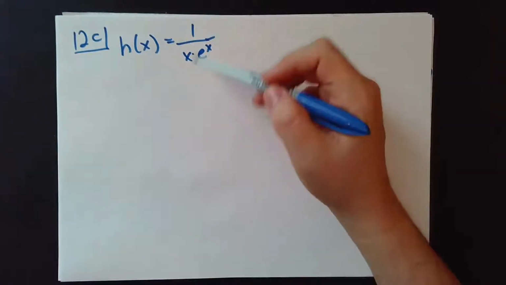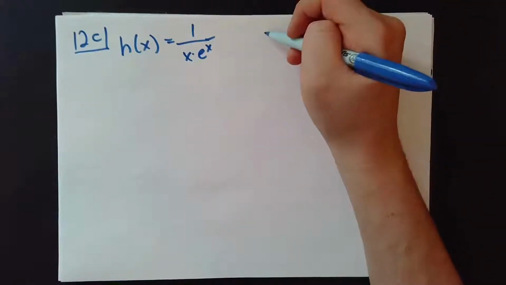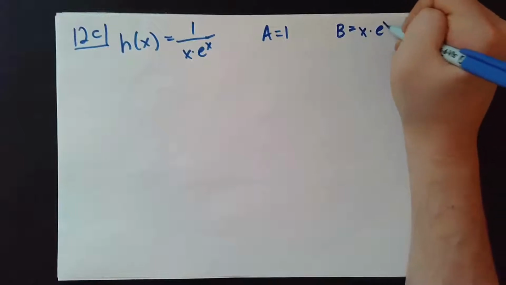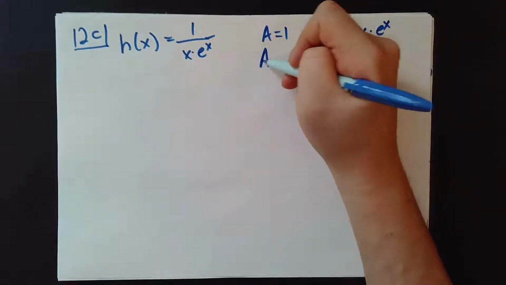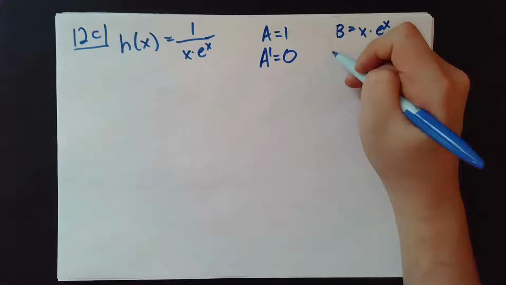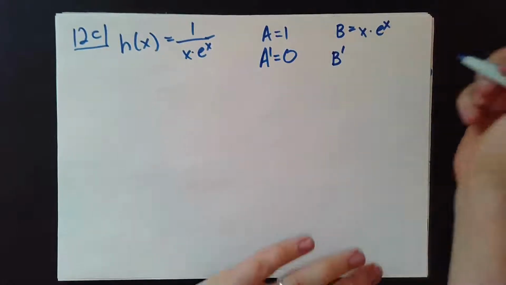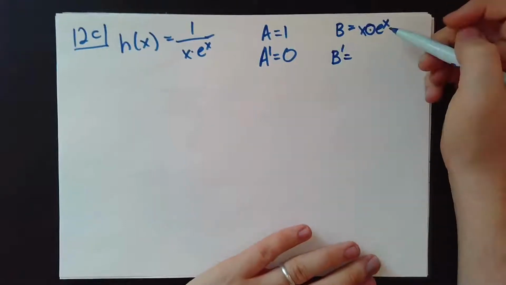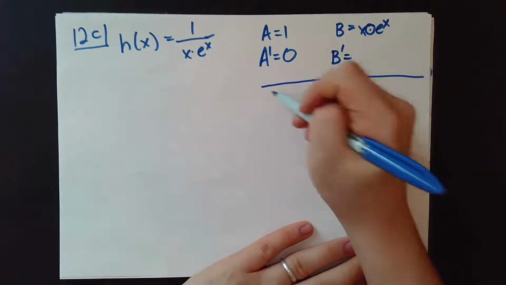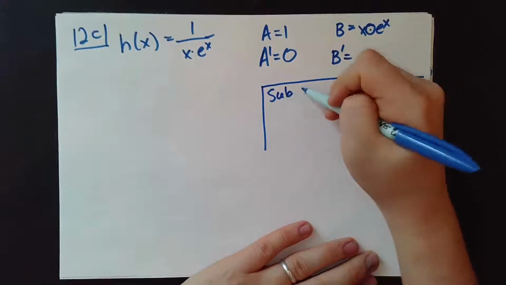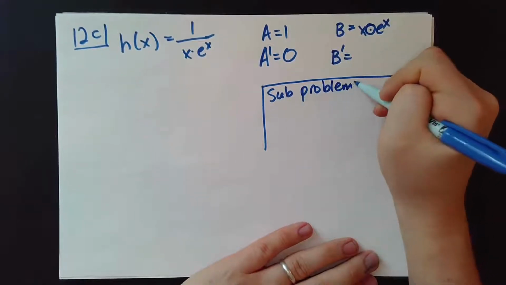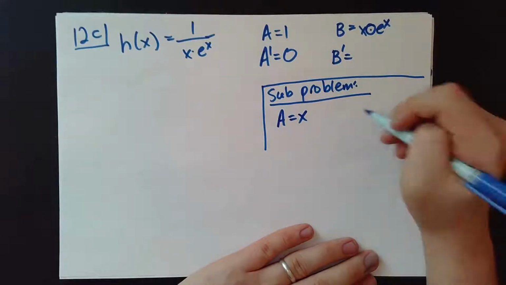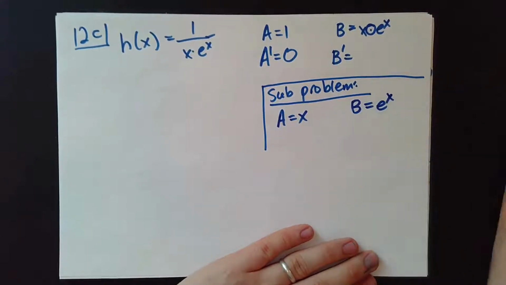And there's 2 sorts of ways. One is the just do it way, which is to say, okay, the numerator here is 1, the denominator is x times e to the x. So the derivative here is 0, and the derivative here, I need the product rule because I have a product. So I sort of enter into subproblem land, where I'm now doing a product rule question where the product is between x and e to the x.